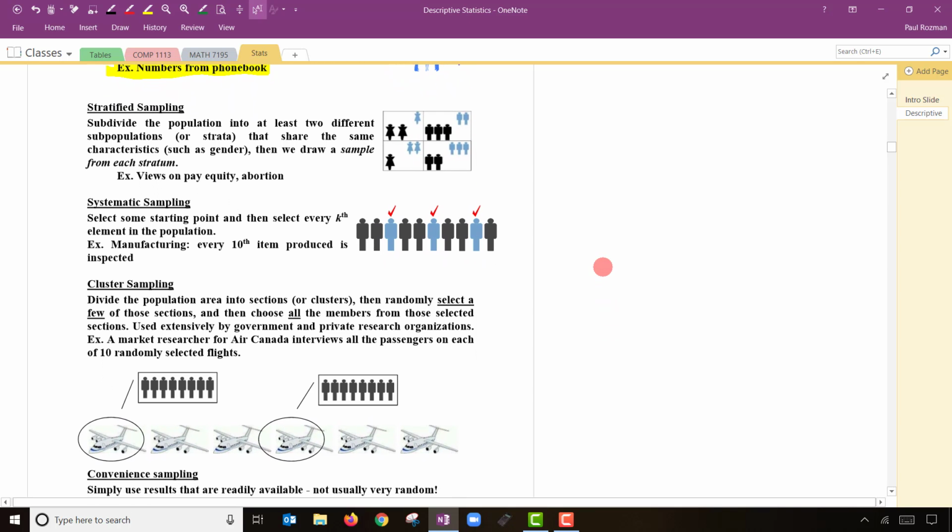Other times we might look at systematic sampling. This is like in manufacturing. You can imagine assembly line situations where items are on a conveyor belt, and you're not going to check every single item, but every 10th one or so, maybe take a look at it more carefully.